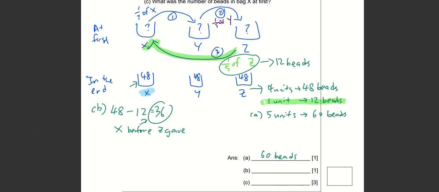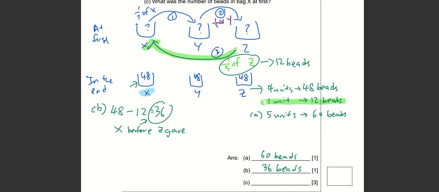So the second one, 36 bits. So whatever was given, I take it away. Can you understand? So I work out Z, I work out X.